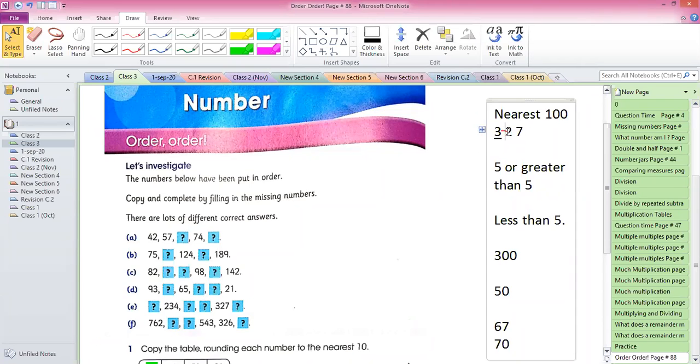If that is less than 5, then you will write the same number and you have to write 2 zeros, because when you round off to the nearest 100, the 2 digits will always be 0. So this 327 becomes 300 now.